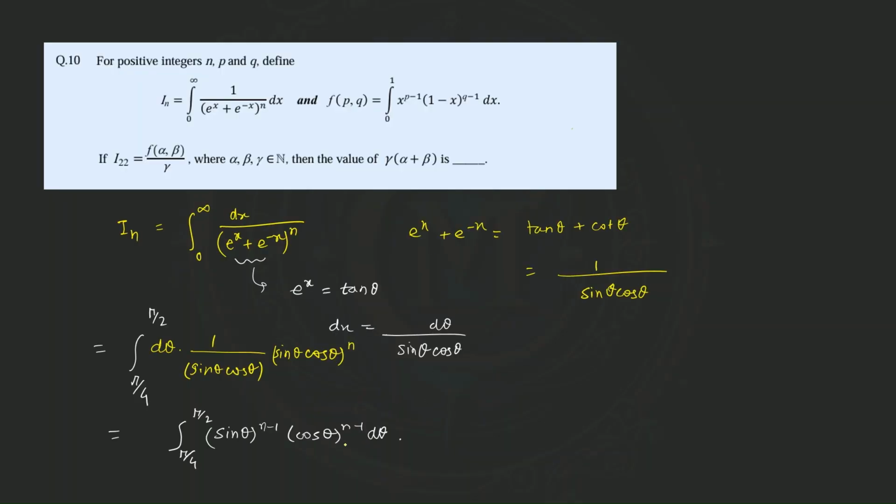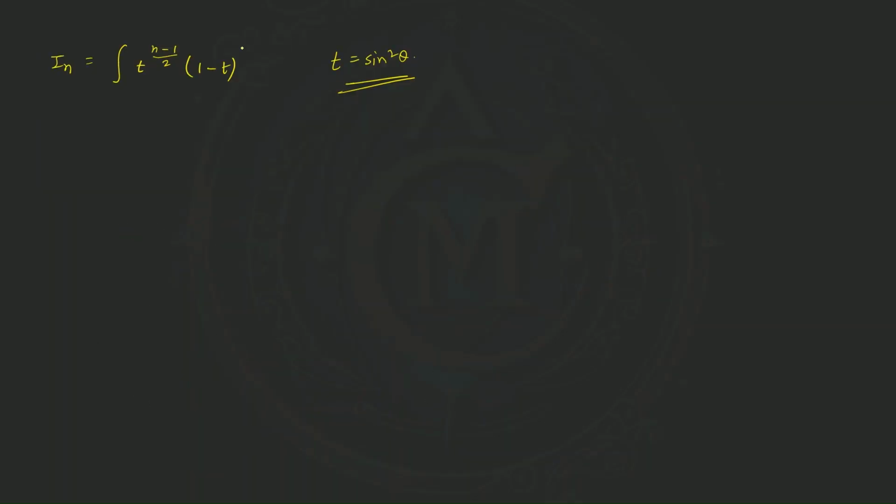So it will be 1 minus t to the power (n minus 1) by 2. Then if we calculate dt, it is 2 sine theta cos theta d theta. So dt is this, that means we can substitute d theta, which will become dt divided by 2 sine theta cos theta. Now what will sine theta cos theta be?